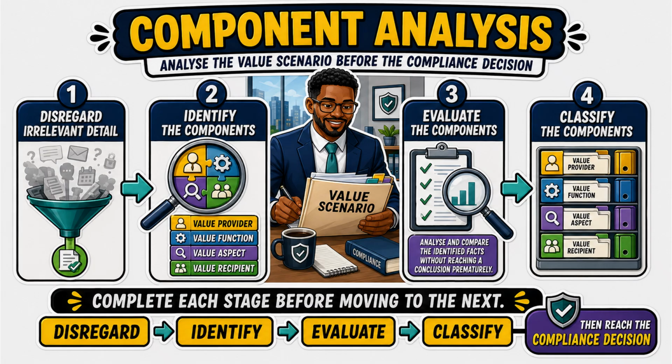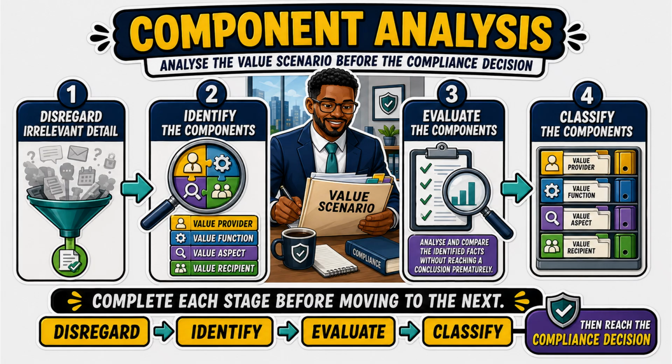The 4 stages must be completed in order. First, disregard irrelevant detail, then identify the components, next evaluate the components, and finally classify the components. Each stage depends on the accuracy of the stage before. If you identify a component incorrectly, the evaluation may be incorrect.